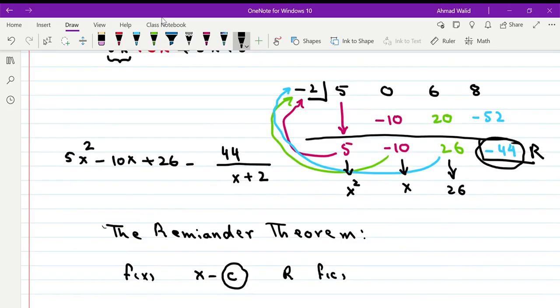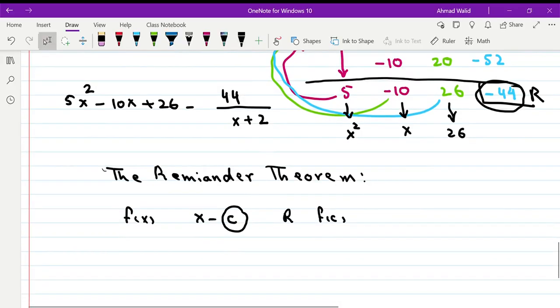You may ask why this number is so important. Later, when we find the zeros of a polynomial function, that number is really important for us. And the third way is to find f of c, the f of this number.